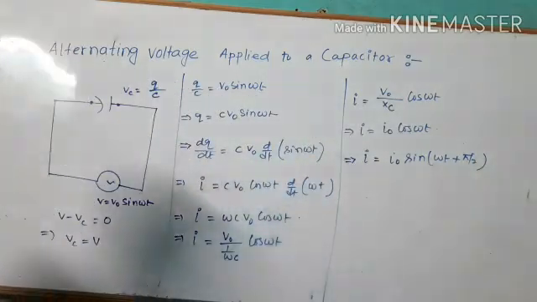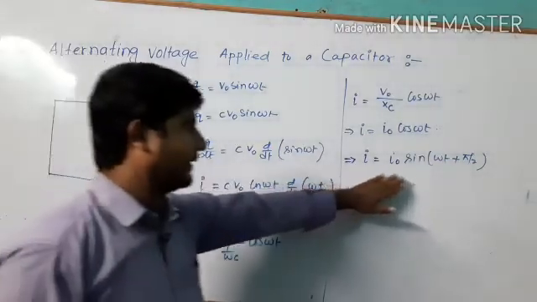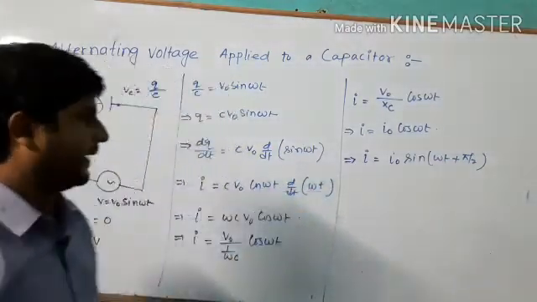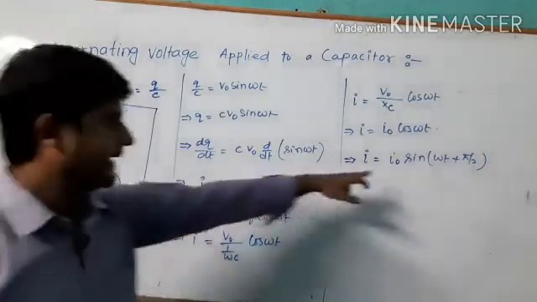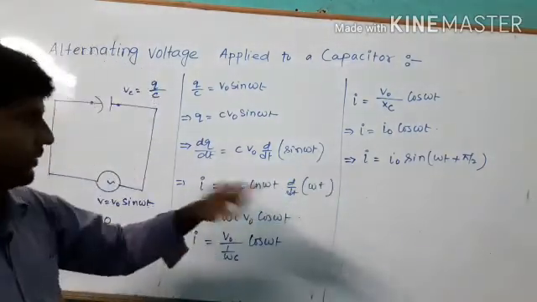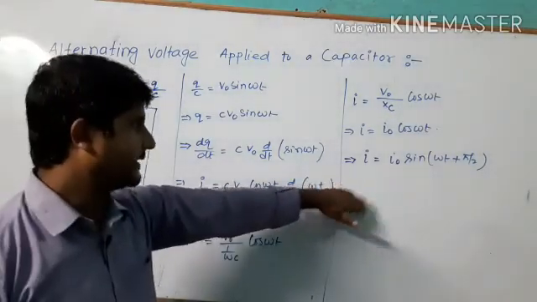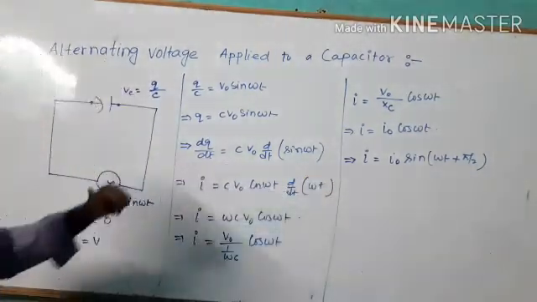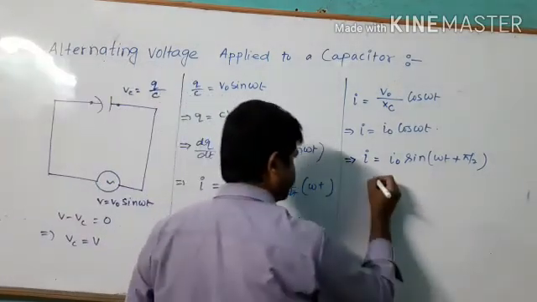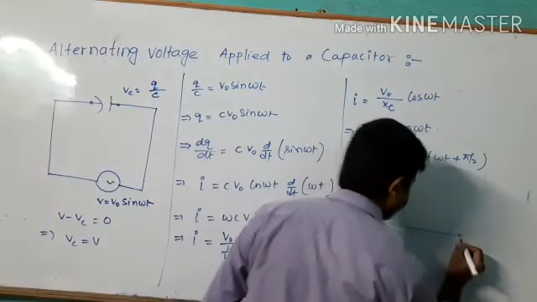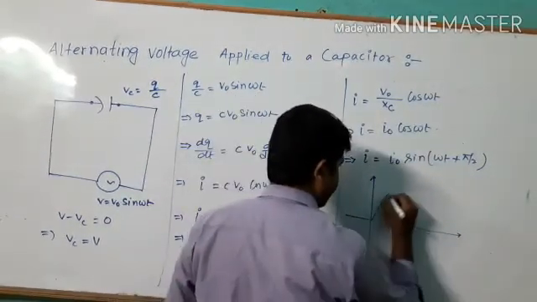So what is the current in this capacitive circuit? It is I equal to I0 sine omega t plus pi by 2, and voltage is V equal to V0 sine omega t. So it is clear that there is a phase difference between these two, and the phase difference is 90 degree. That is, in this case the current leads the voltage by angle pi by 2. So what is the wave diagram?